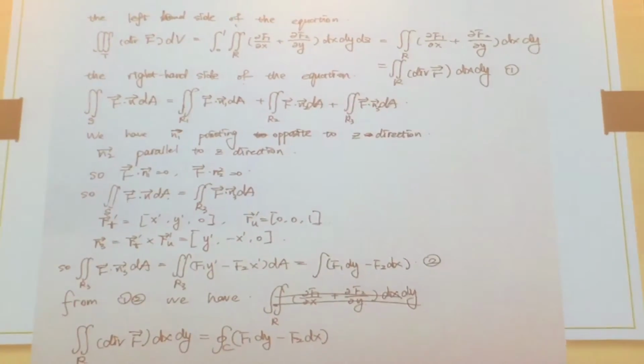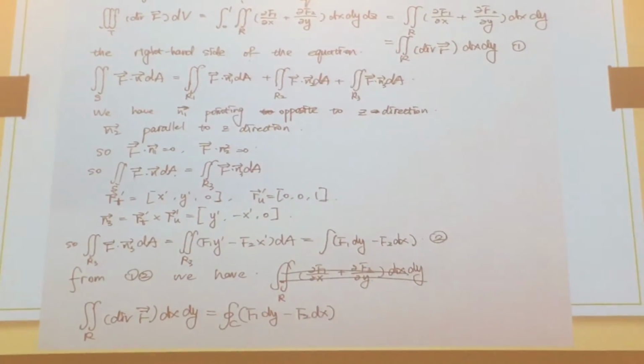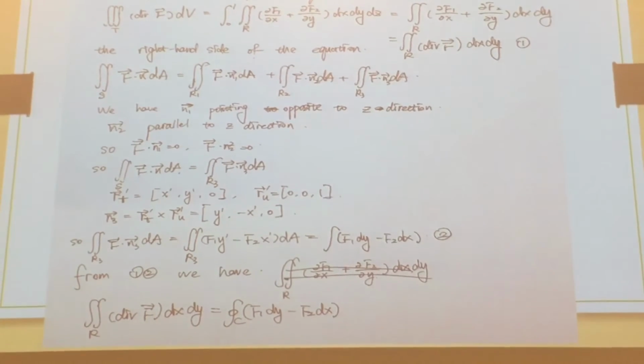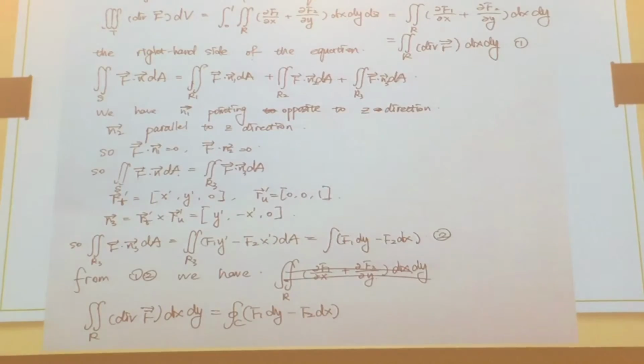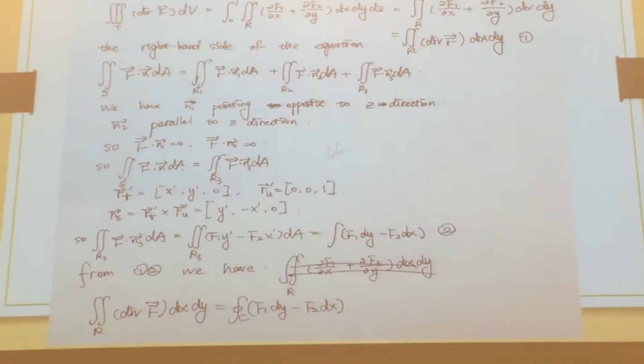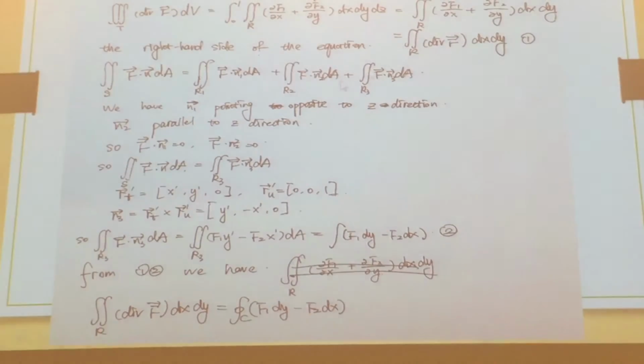And then we may come to the right hand side of the equation. The right hand side of the equation is equal to the sum of three double integrals over R1, R2, and R3.